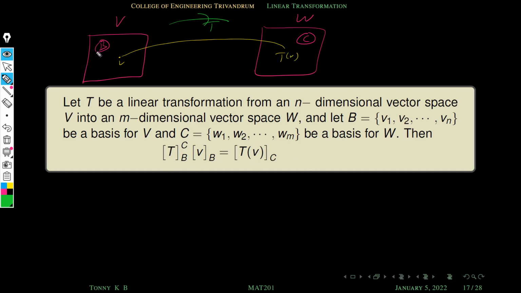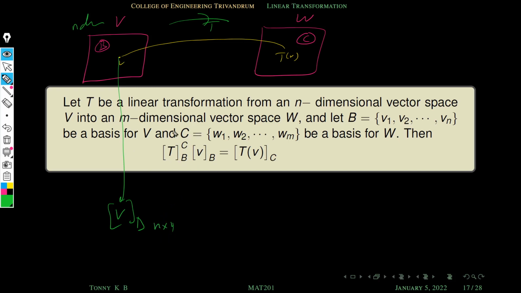How? First you take an arbitrary element v from capital V, then you find the coordinate of v with respect to B. That is possible. And we know that this is an n-dimensional space, so this is an n by 1 matrix. Clear?